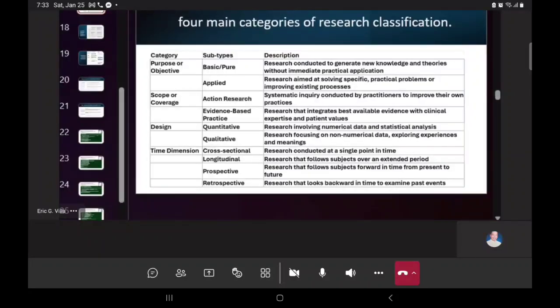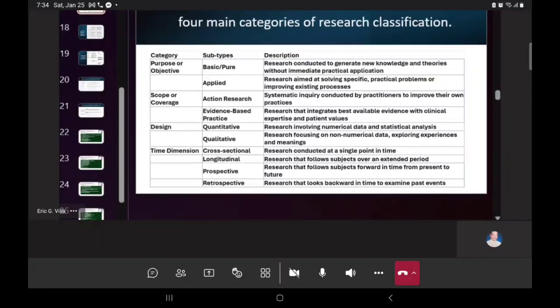There are key relationships among these categories. Number one is methodological integration, wherein quantitative and qualitative designs can be used in both basic and applied research. Evidence-based practice often combines multiple research approaches. We can consider also the time dimension. It is temporal. The time dimension choices affect both scope and design decisions.